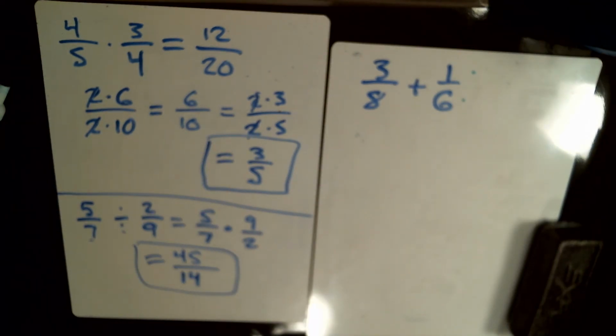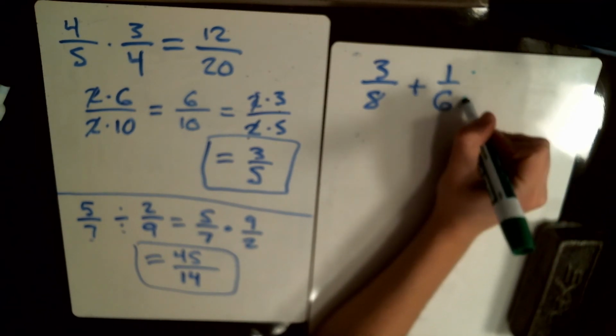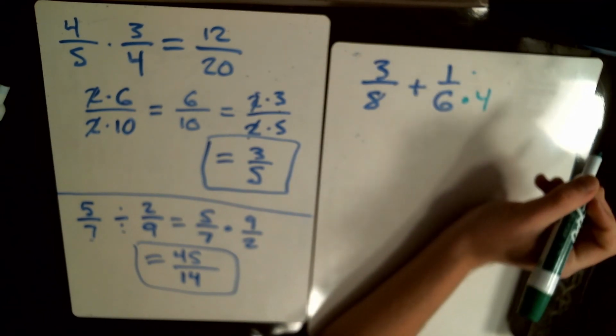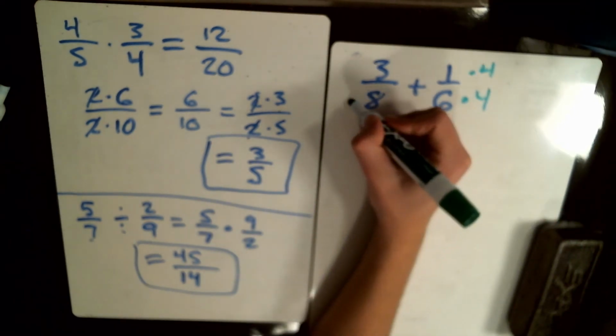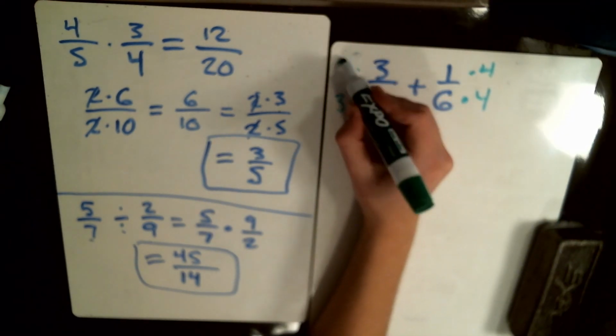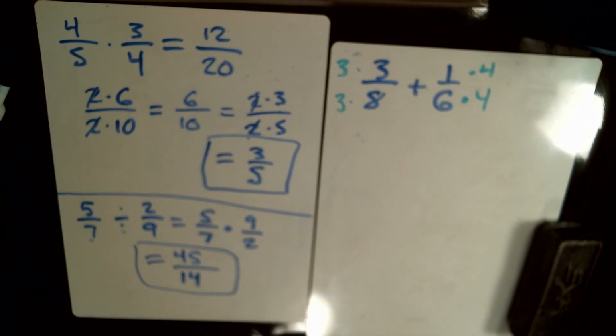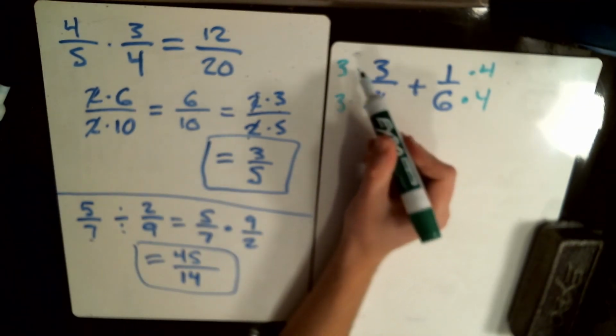Let's see. 24, I think, has both of them. 4 times 6 is 24. And then 3 times 8 is also 24. So let's do those. We're going to make the same denominator on both of these, times this one by 3 over 3.